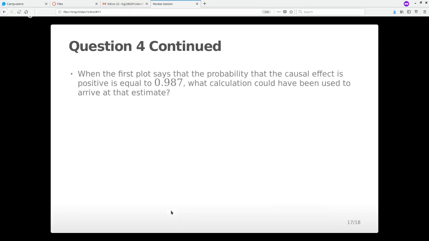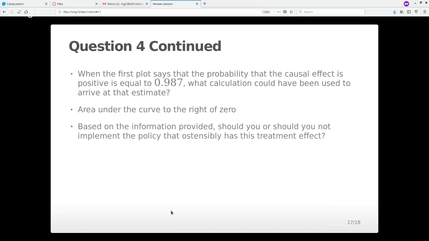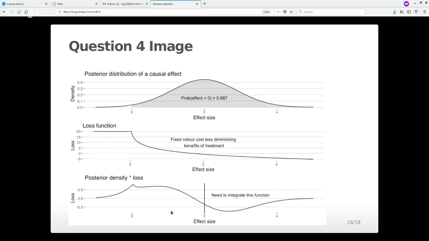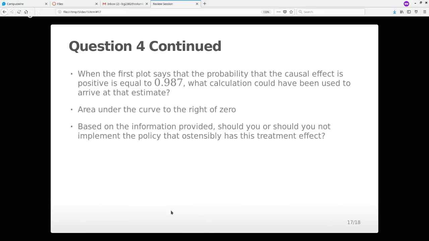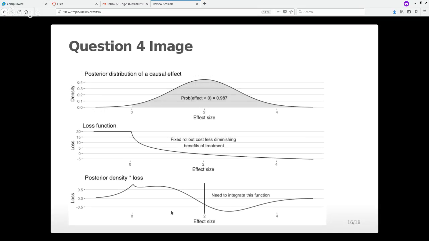Then the next question was about, based on the information provided in the plot, should you or should you not implement the policy that ostensibly has this treatment effect? So what plot do we need to look at in order to make that determination?